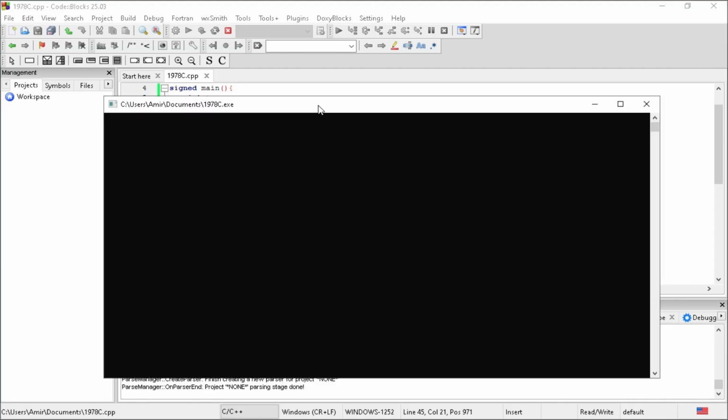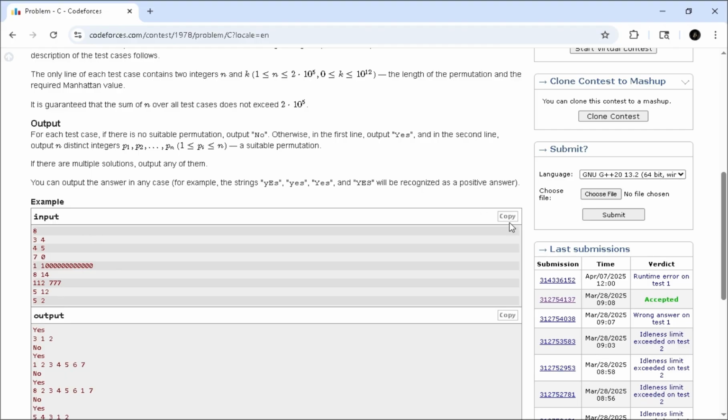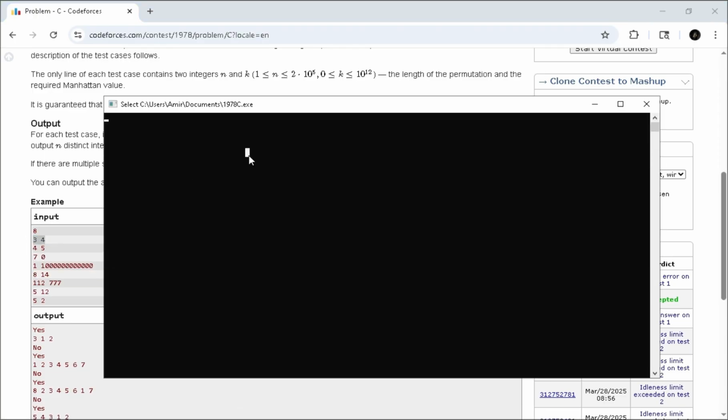Yeah, it's good. Okay, let's put some test cases, I guess. Actually, let's make only one test case. As you can see, I think the Manhattan value of this will equal... does it?